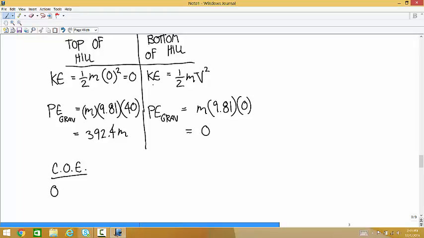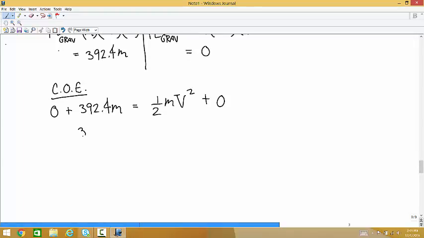That has to be equal to all the stuff added together at the bottom of the hill. So 0 plus 392.4 m is equal to 1/2 mv squared plus 0. So 392.4 m is equal to 1/2 mv squared.